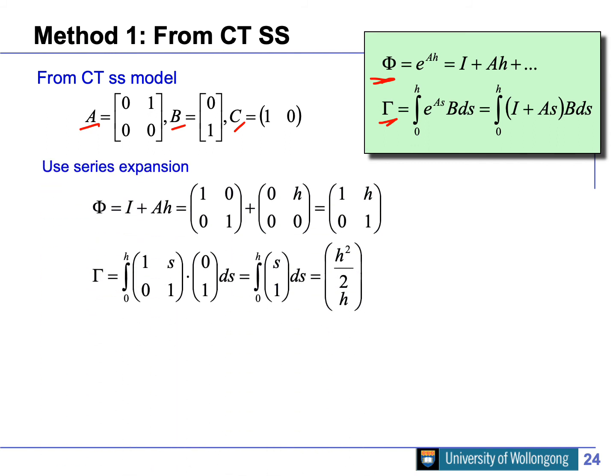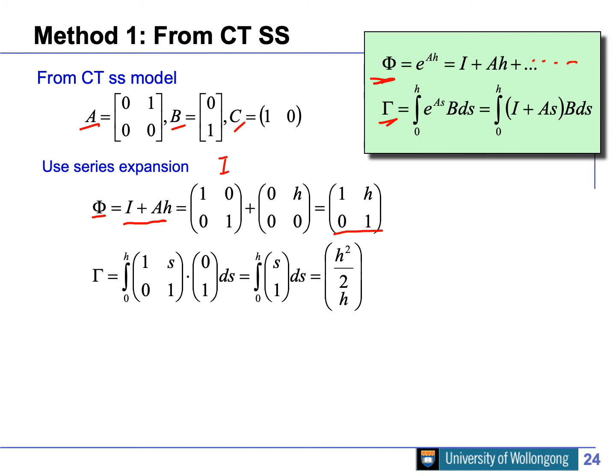Phi is equal to I plus AH. It's a Taylor series expansion of e to the AH, and the higher powers we just ignore. It can be approximated because higher powers of H are small, so it becomes a very minor error. So this is I plus AH. That's what we get for phi.